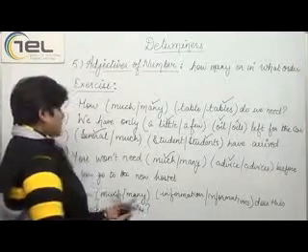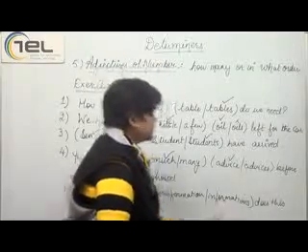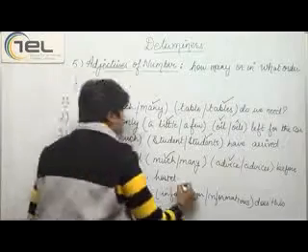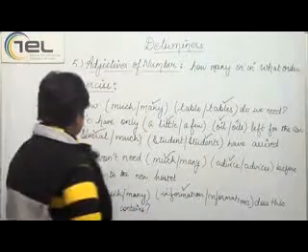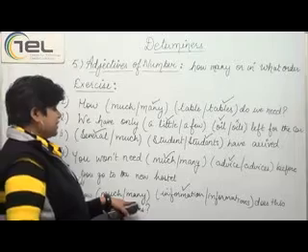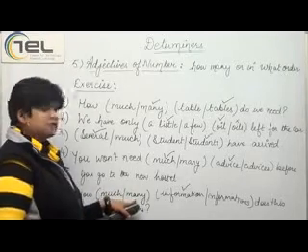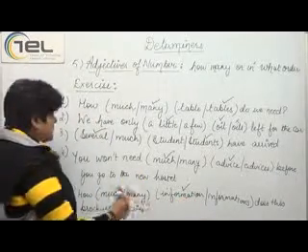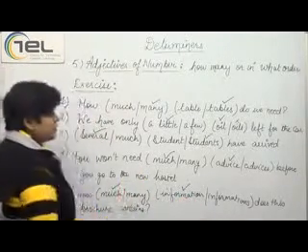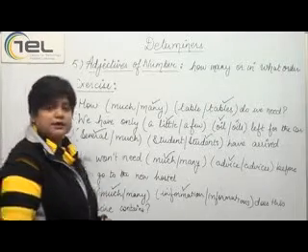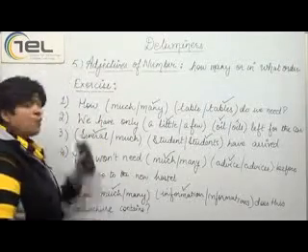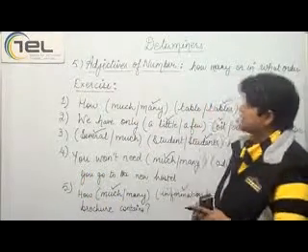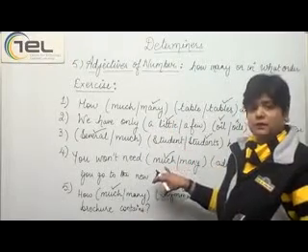Again we don't use informations, we use information. Many would be used with countables, but here we are using information because that is not countable, so we will say how much information does this brochure contain. This would be the right choice. So I hope with that you have understood the correct usage of certain adjectives of number here.